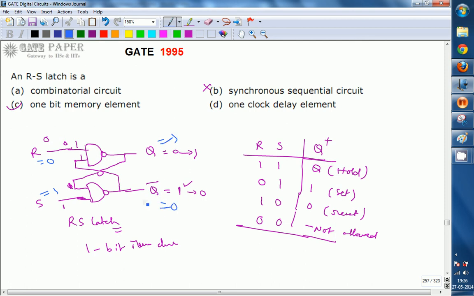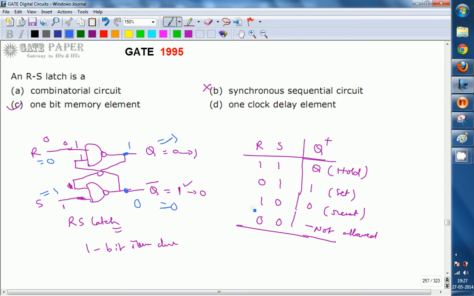That implies that even if you check after 5 minutes or 5 hours or 5 days, the node values across these 2 points are going to be 1 and 0 for the given combination of R equal to 0 and S equal to 1. So for the given input values, the output has memorized those values at those nodes. The values at those nodes are constant, they are not changing. When the output has memorized the previous values, they are storing 1 bit of information. So it can be said to be a 1-bit memory element.